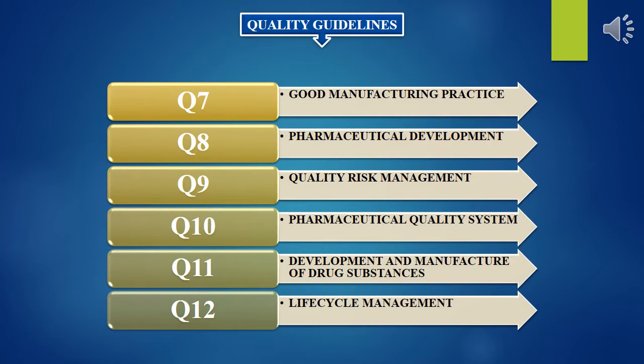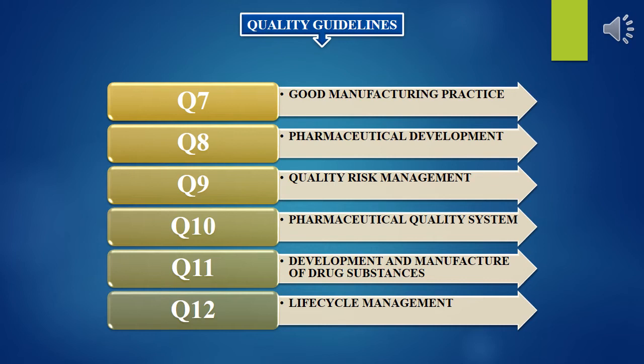Then Q7 guidelines for good manufacturing practices, Q8 for pharmaceutical development, Q9 for quality risk management, Q10 for pharmaceutical quality system, Q11 for development and manufacture of drug substances, Q12 for life cycle management. So it covers stability, impurities testing and good manufacturing practices in all aspects. By following all the guidelines, we can achieve quality of the drug product or drug substance.